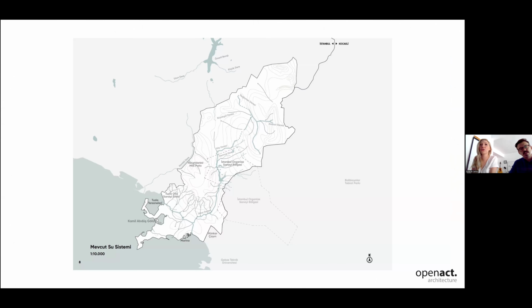The municipality asked for a project around the riverbanks of Tuzla, the Umur River, and of course they were not asking for a project for the entire Tuzla. They were only asking for the southern part.